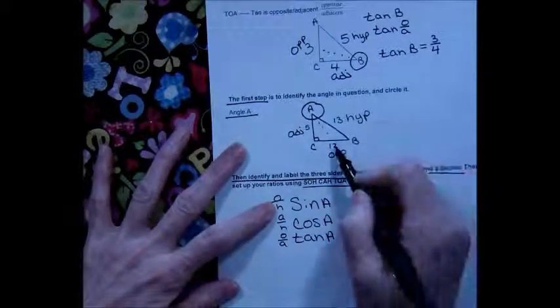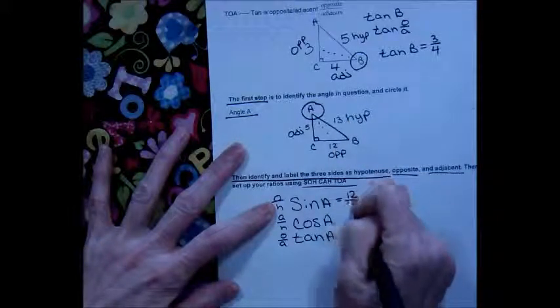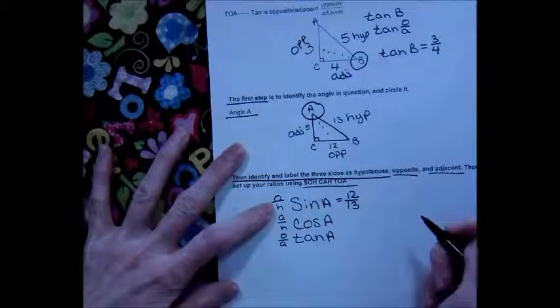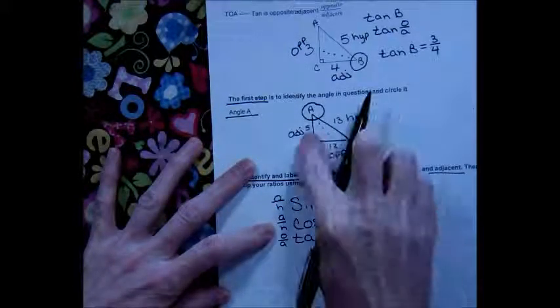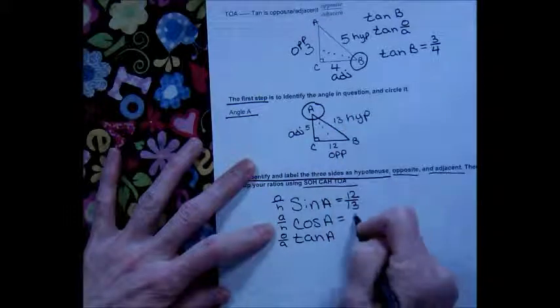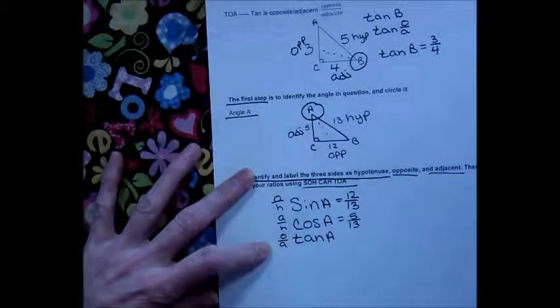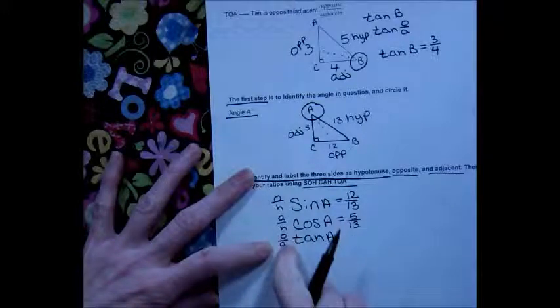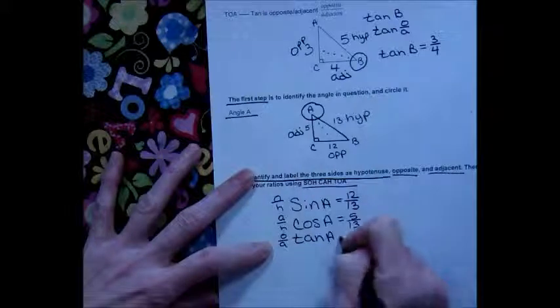So the sine is opposite, which is 12, over 13, which is my hypotenuse, and it does not reduce. Cosine is my adjacent, which is 5, over my hypotenuse, which is 13, so it's 5 over 13. Tangent is opposite over adjacent, which is 12 over 5.